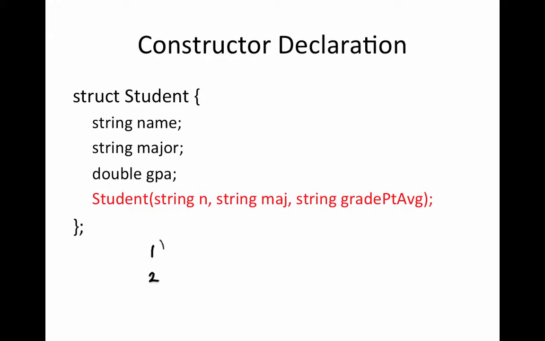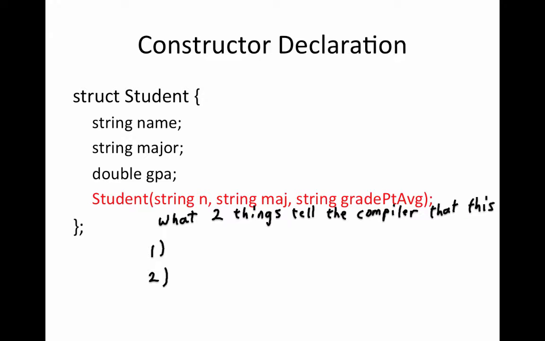So what two things tell the compiler that this function is a constructor?